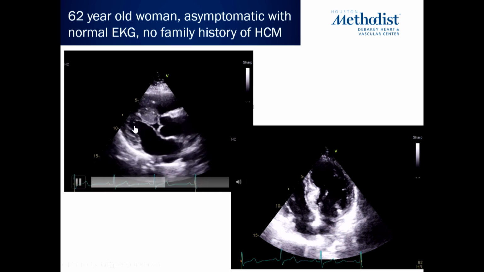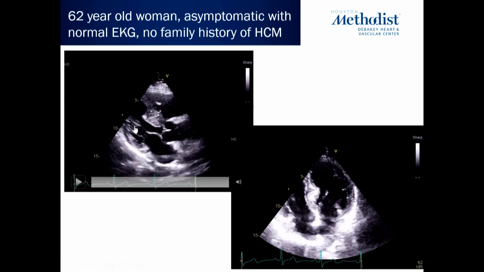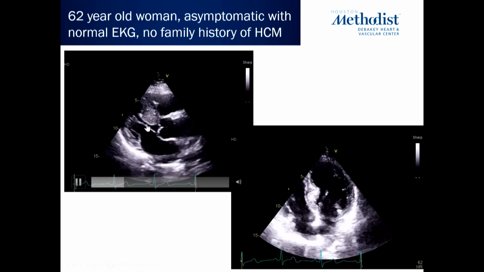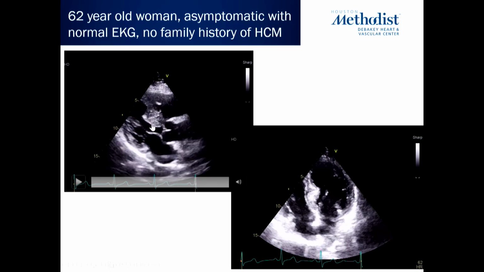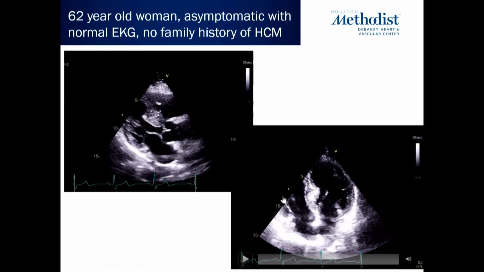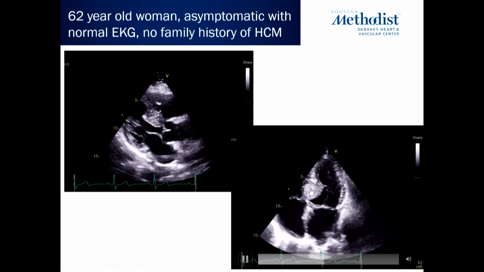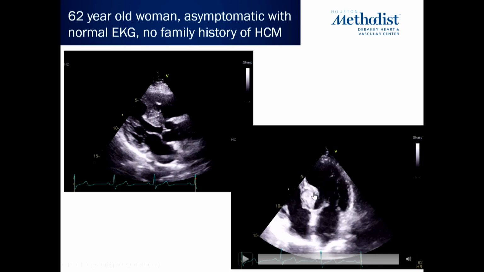So here's a patient I called HCM just a few weeks ago. You notice there's this segment here in the basal septum that's thickened, but actually, if you look at it at the tissue level, notice that it has a different texture compared to the rest of the LV.